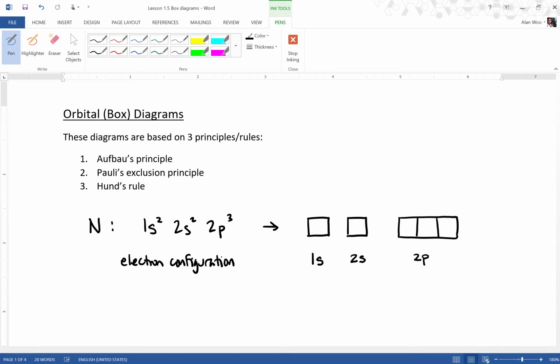Now, organizing the orbitals from lower energy levels, so this is a low energy level, and this is a higher energy level.